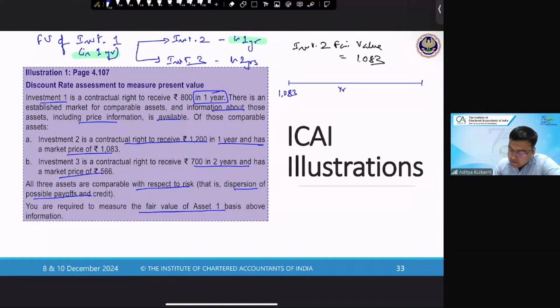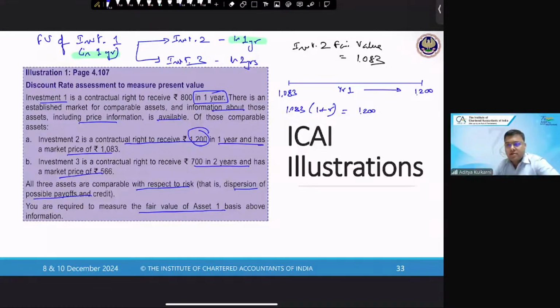After 1 year, it is coming to 1200. Are you able to understand this? Yes, sir. So basically, if I put 1083 today, I will get 1200 later on. Are you able to follow? That means 1083 opening plus interest R is equal to 1200.